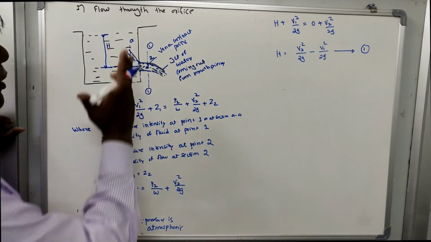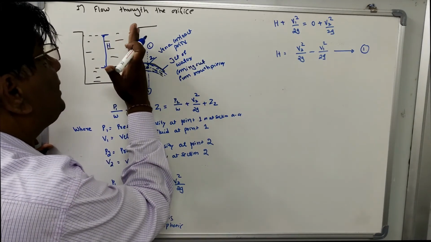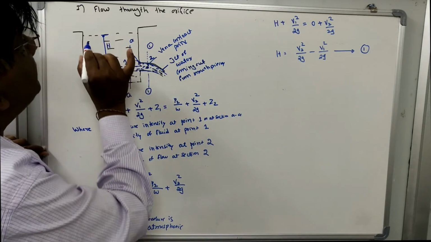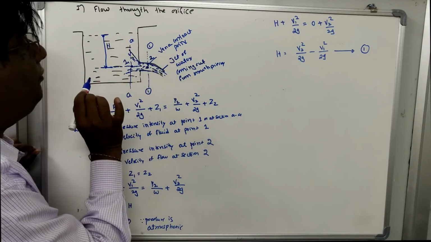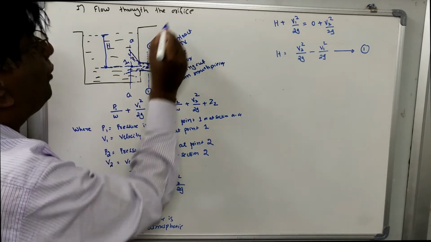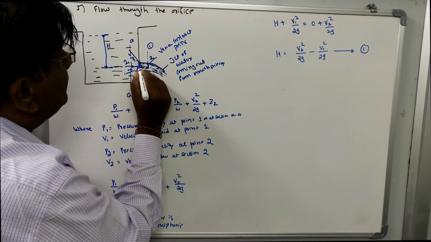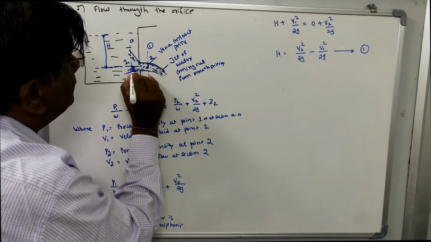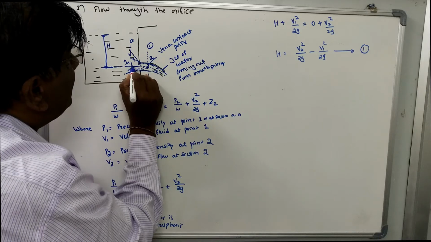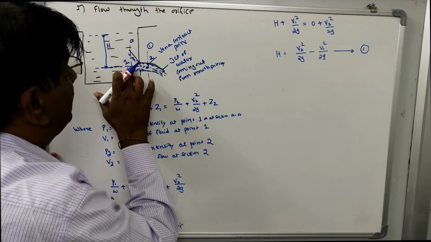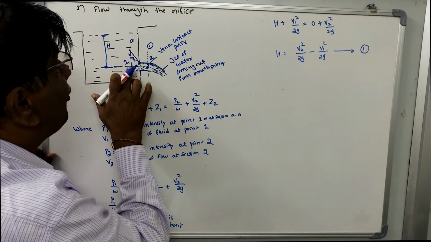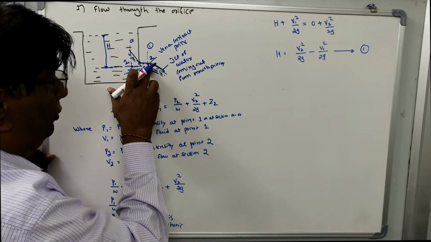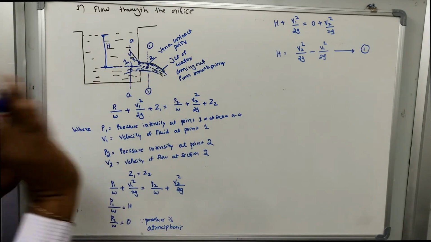Before the orifice is fitted, this is a static mass of fluid. When the orifice is fitted at the side of the tank, the fluid starts flowing. So the velocity at point 1 is very, very small compared with the velocity at point 2, and hence it can be neglected.